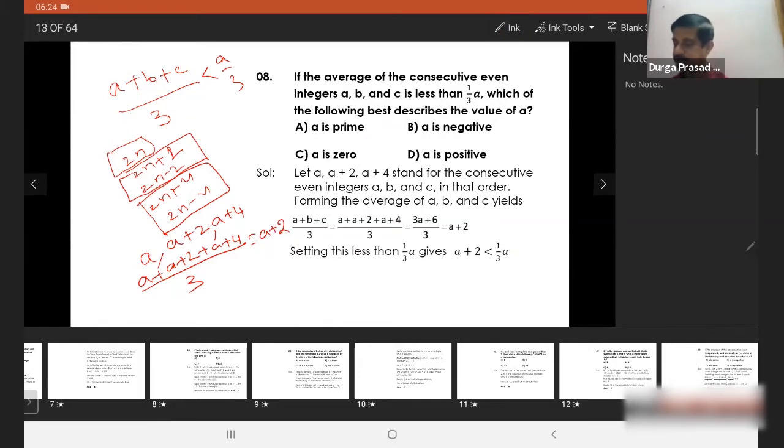Now a plus 2 is less than a by 3. If you take this a by 3 to the left, you get 2a by 3 is less than minus 2. So a is negative.